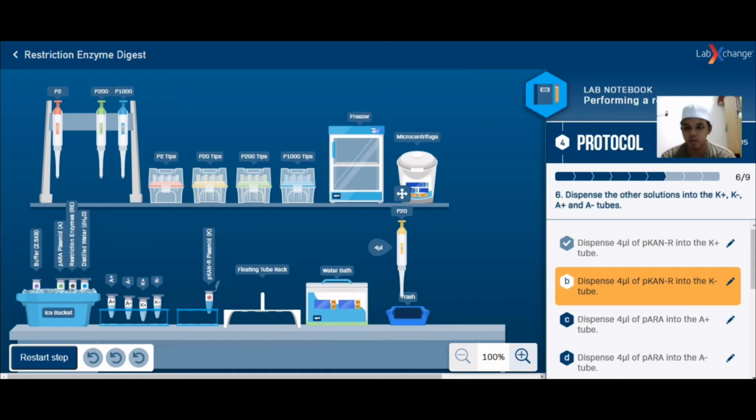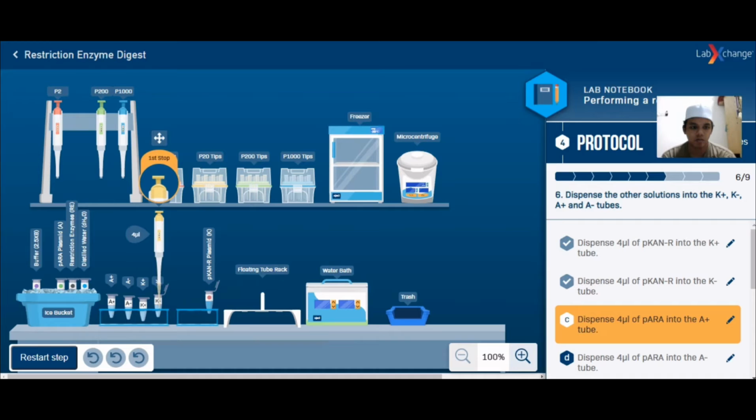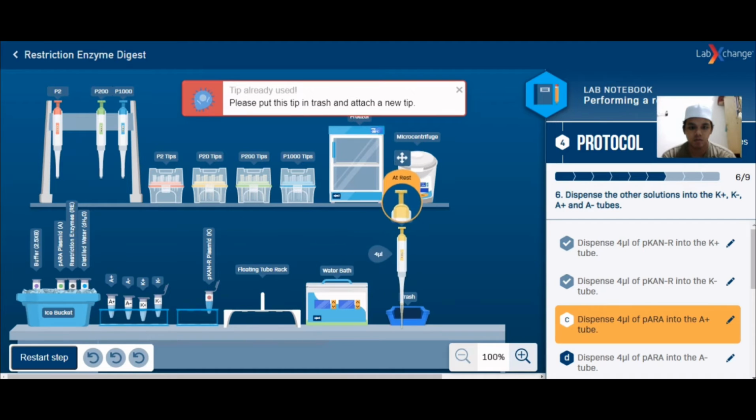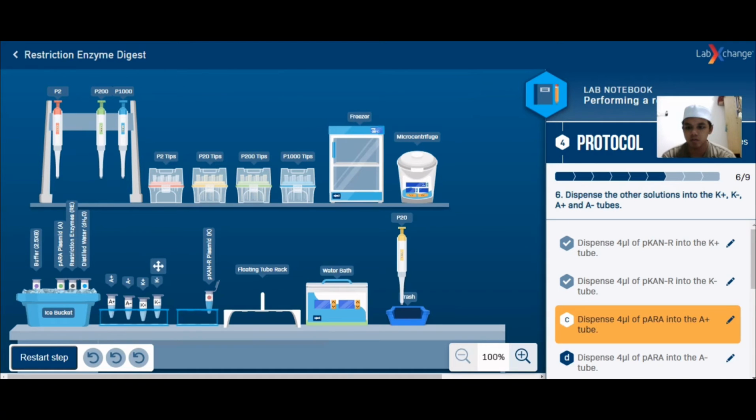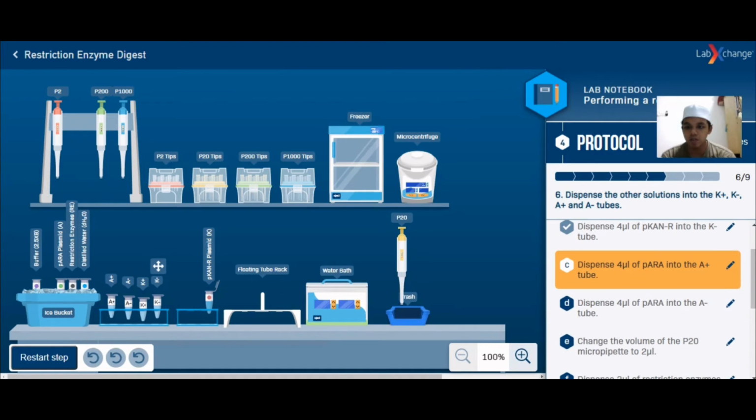Next, dispense 4 µl of pKNR into the K minus tube. Next, dispense 4 µl of pARA into the A plus tube.